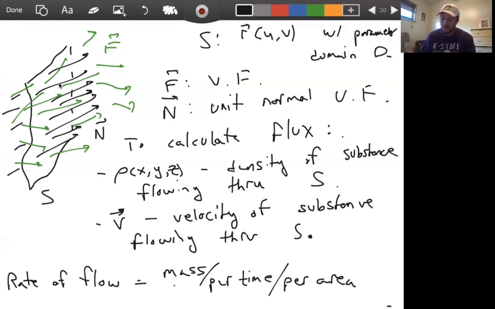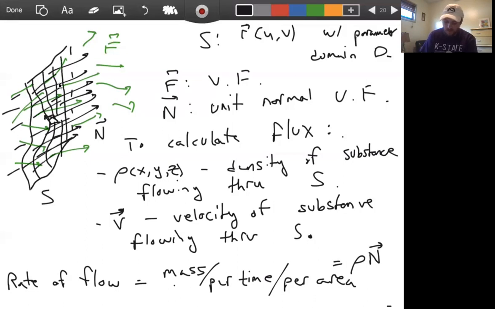We can calculate this by simply looking at rho times our unit normal vector, right? We have a unit normal vector over this kind of grid-like S, just as we did for scalar line integrals, or scalar surface integrals, excuse me, right?